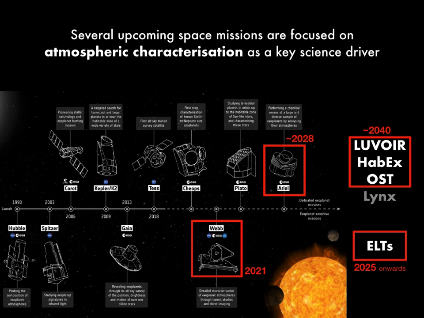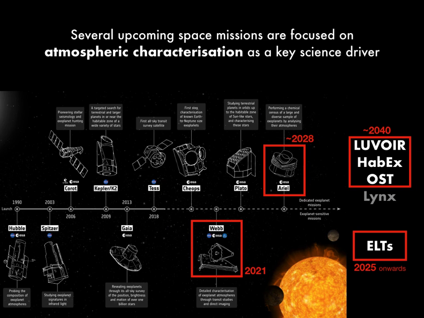It's not clear which of these missions will be approved for further study. This remains to be seen. And from 2025 onwards, the extremely large telescopes, both from Europe and the US, will see first light. So exciting times are still to come as the technology keeps getting pushed to greater and greater limits.